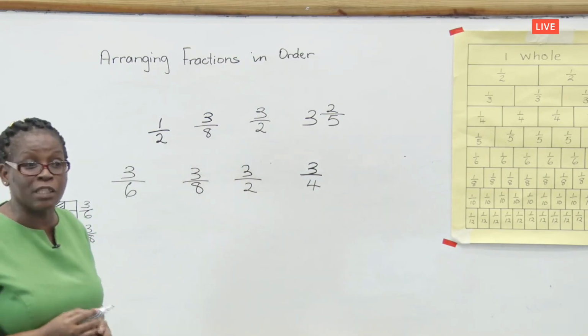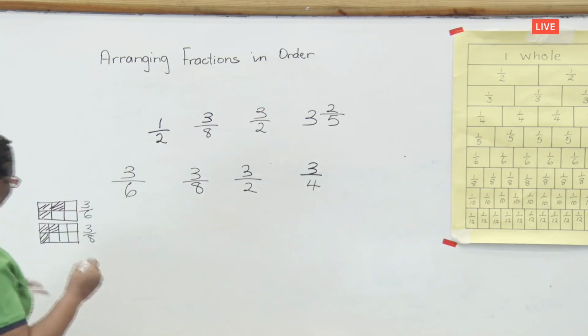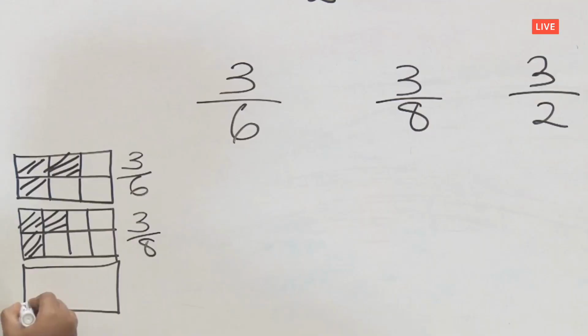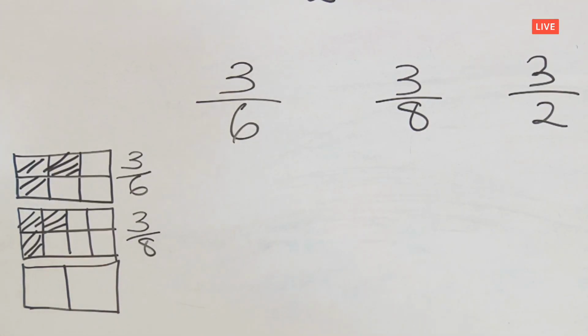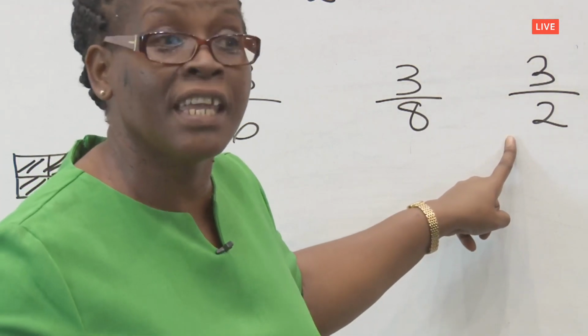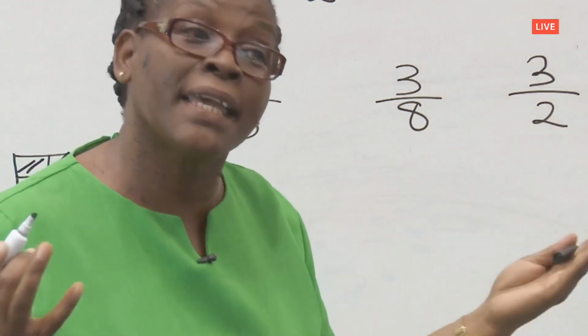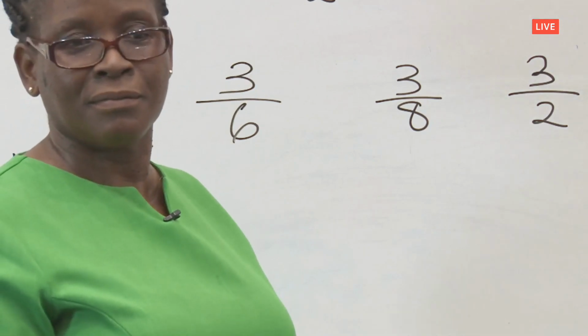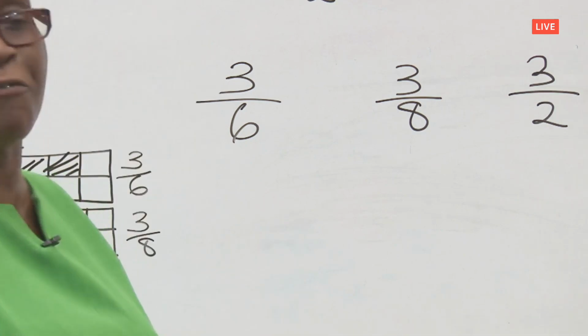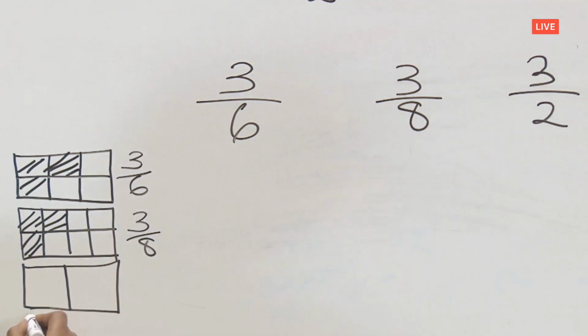3/8. I come to my third fraction, and this is saying 3/2. So my whole must be divided into 2 parts. Okay, here is my whole. How many halves do I have here? 2. 1, 2. But my fraction here says 3/2. So how can I get 3/2? Yes, John, we draw another whole and we take a half from that other whole.